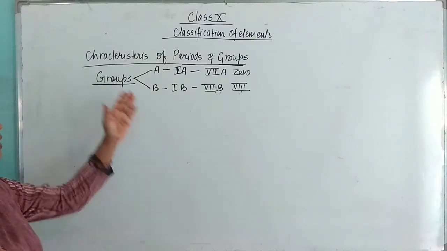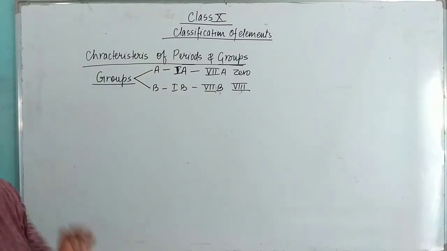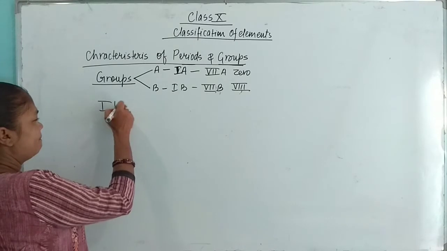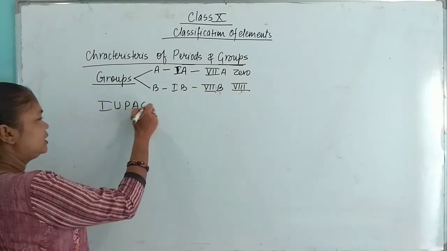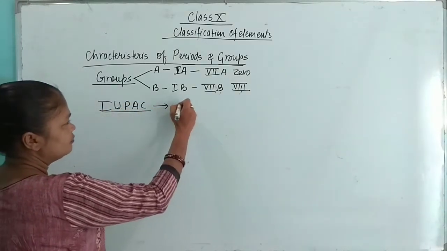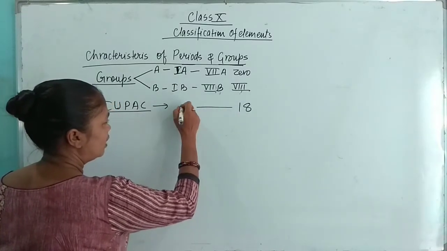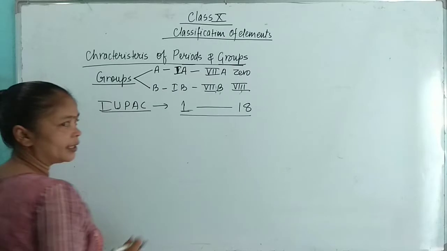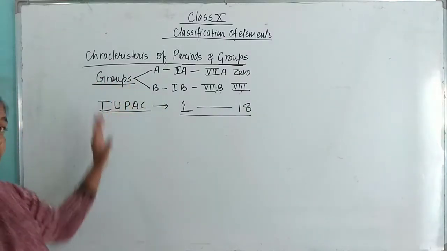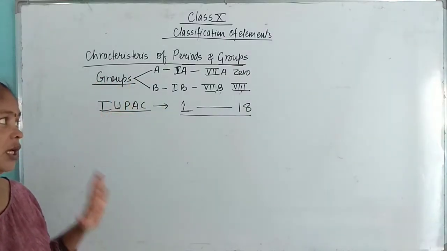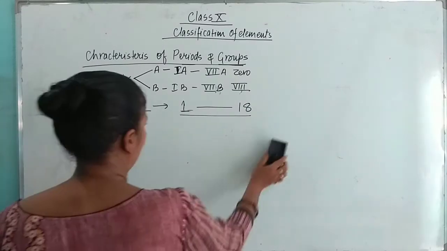So these are the groups. And in the IUPAC system, now the groups are from 1 to 18. These are the groups in the periodic table, and one by one we will study about the characteristics.